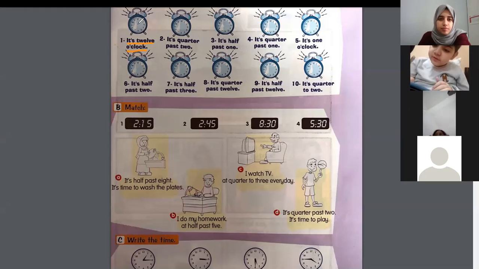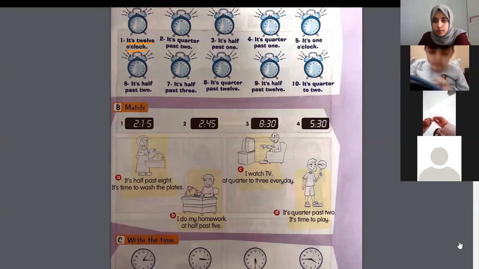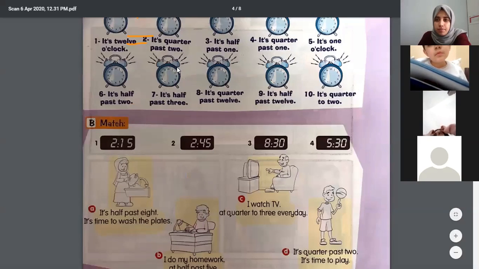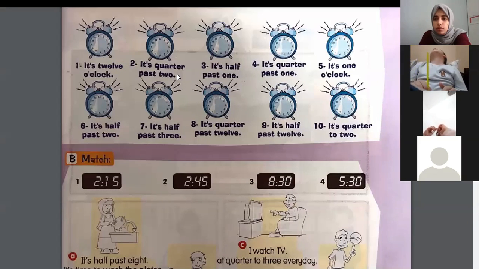So I need to put a dot in the middle and draw the short hand and the long hand. I need to draw عقارب الساعة. The hands are عقارب الساعة. So short hand عقرب الصغير and long hand عقرب الطويل. You know this Arabic, right?